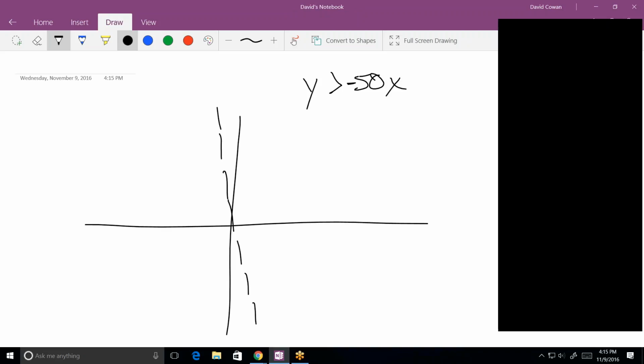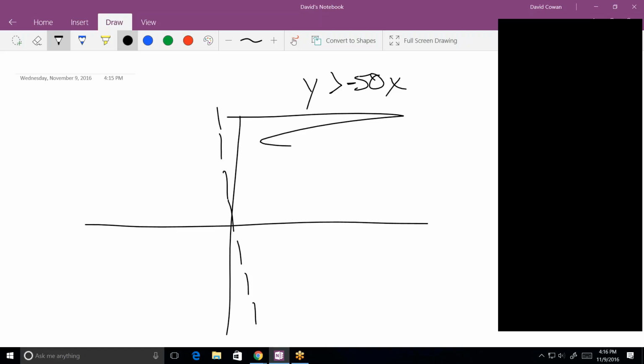Which side would I shade? You shade to the left. Remember I said never say left or right. Always say up or down. So it would be up, which is actually to the right.